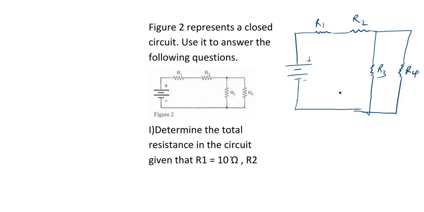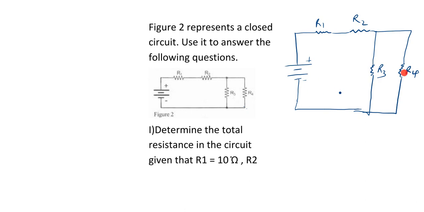To determine the total resistance, you have to know how the resistors have been connected. Is it in parallel or is it in series? As you can see, here we have two connections combined together. This is a series connection, where the resistors are connected end-to-end, and we have two resistors R3 and R4 in parallel, which are connected across the voltage supply.